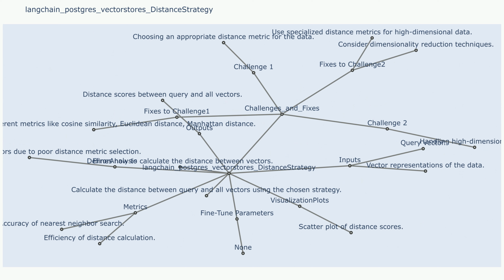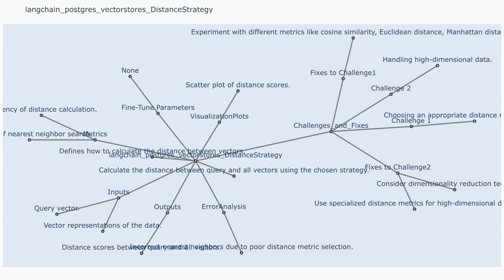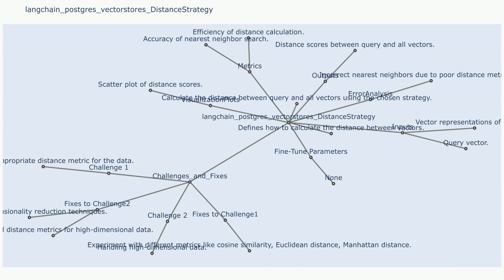Fixes to challenge 2. Consider using dimensionality reduction techniques, e.g., PCA, before storing vectors in the database to reduce the computational burden. Explore approximate nearest neighbor search techniques that can efficiently find similar vectors in high-dimensional spaces.